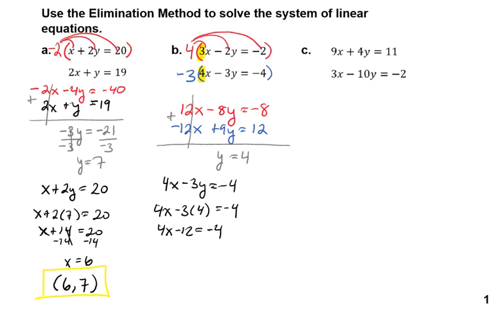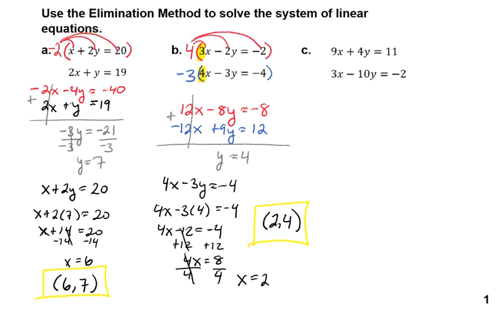And we're going to get 4x minus 12 equals -4 from that. So we'll add 12 to both sides, giving us 4x equals 8. Then we'll divide both sides by 4 to get x equals 2. So that's going to give us an ordered pair of 2, 4, which we'll want to plug in and check. And again, I already have, so we get 2, 4.